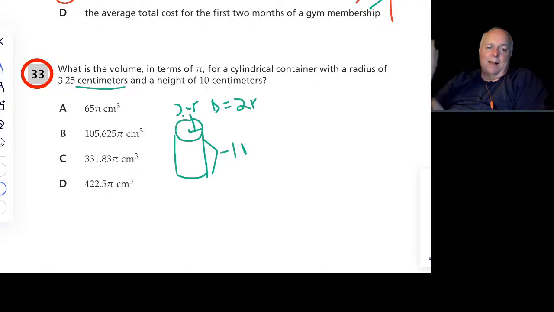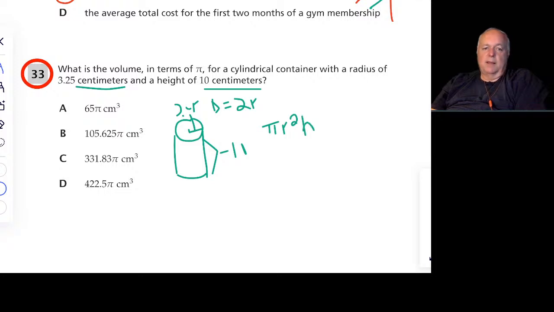Okay. So the volume we did before was pi r squared times h, and all we have to do is plug them in.